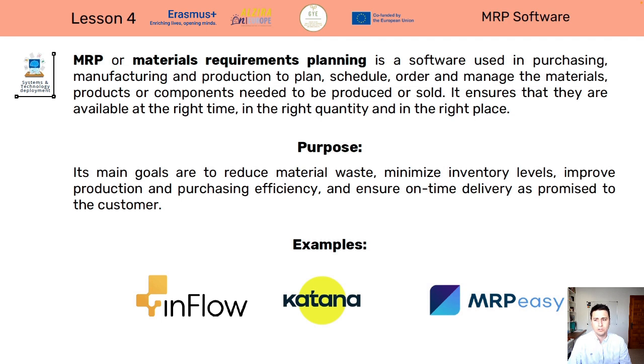This software is used for purchasing, manufacturing, and planning. It is mainly used to know how much I should produce, which products we need to purchase or to manufacture, and also which components I need in order to assemble or to produce that good.